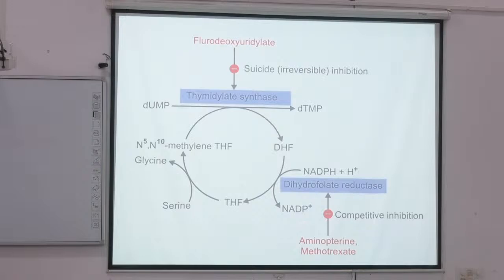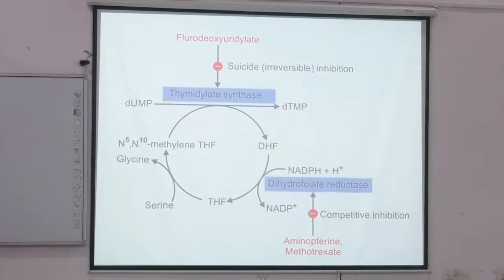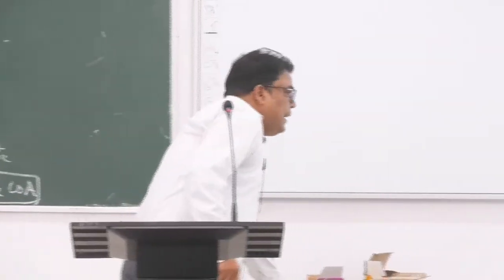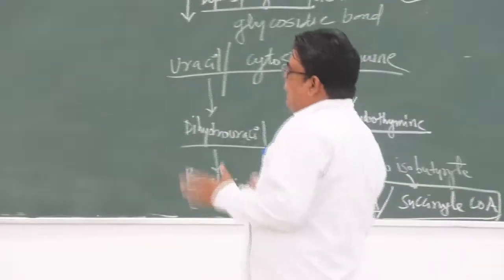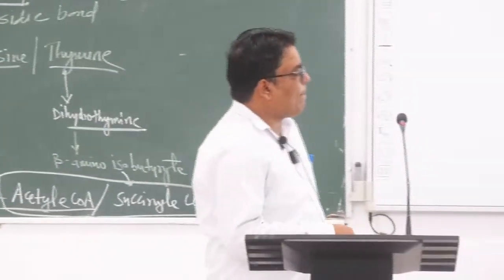Take a photo of this cycle, click it on your mobile. These anti-cancer drugs, methotrexate and aminopterin, inhibit dihydrofolate reductase, and these ultimately reduce the formation of pyrimidine.